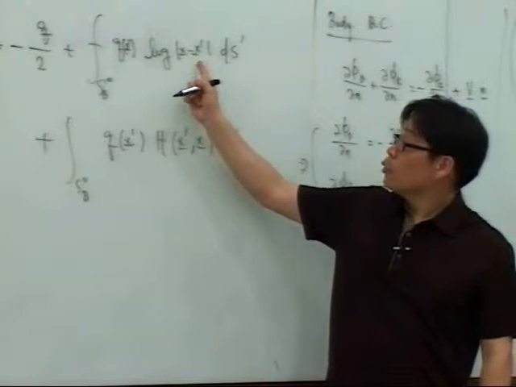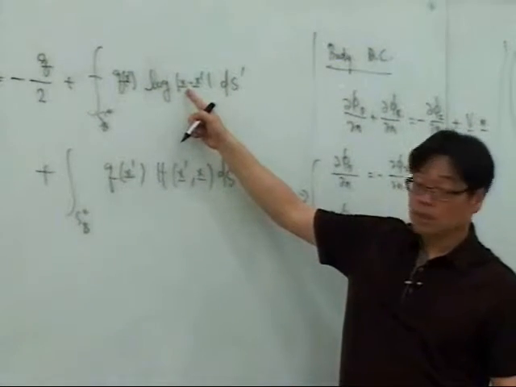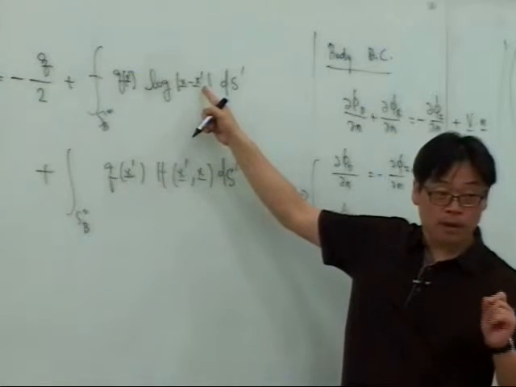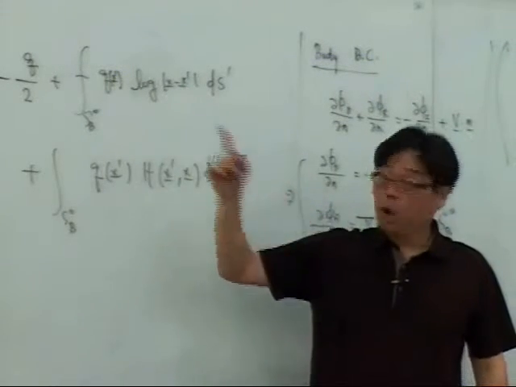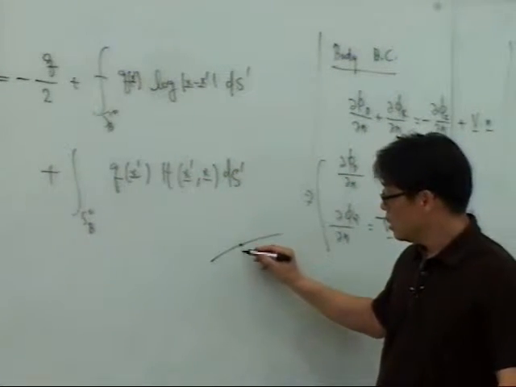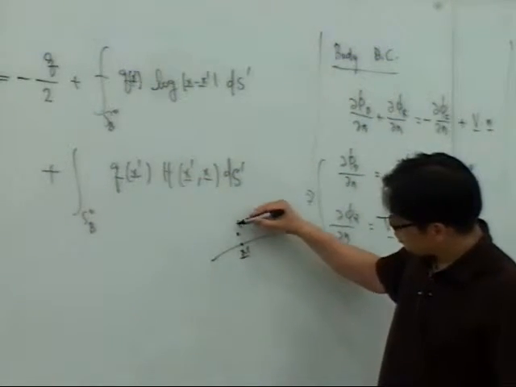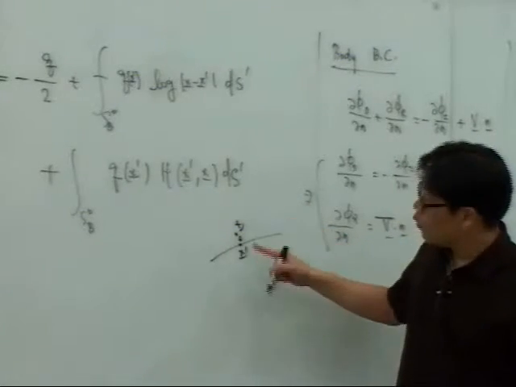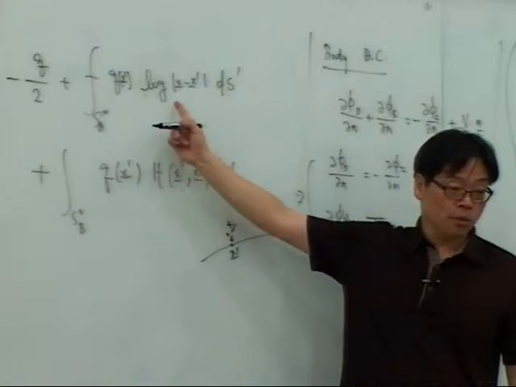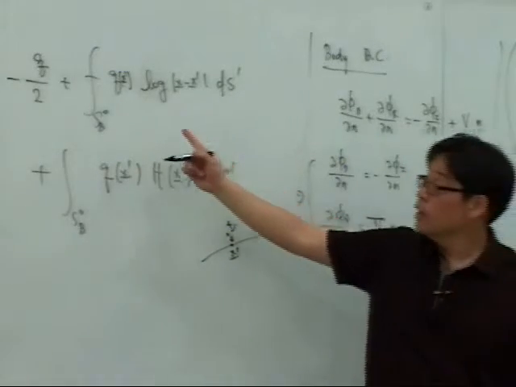But here I have to worry about x approaching x prime. X prime is on the body. Then we talked about how we pull out the contribution as x approaches x prime. That's what we discussed when we talked about the panel method.